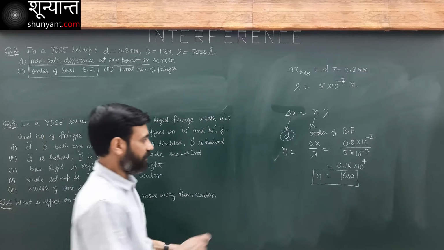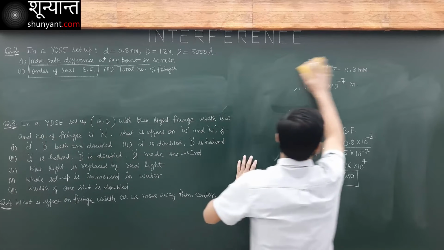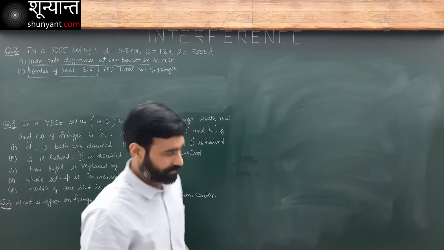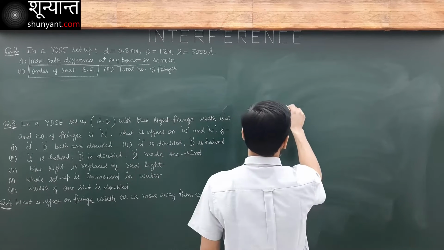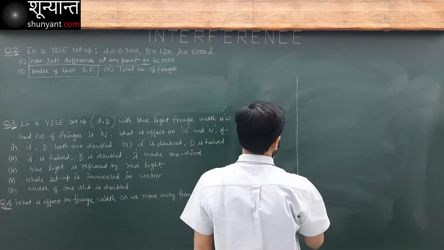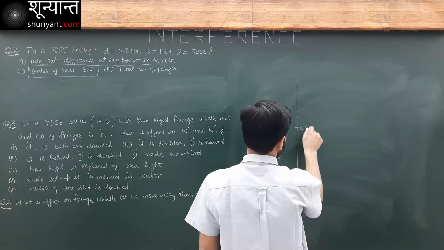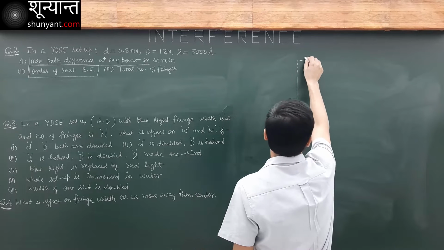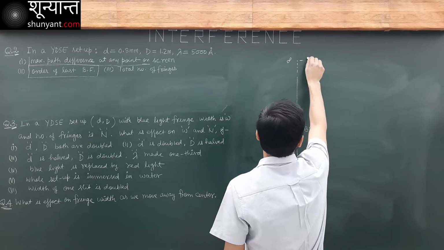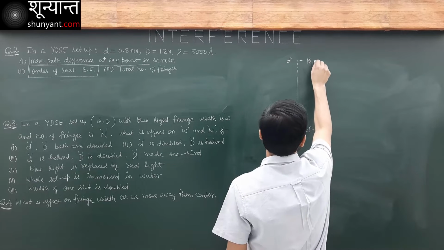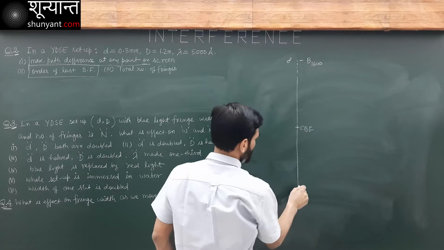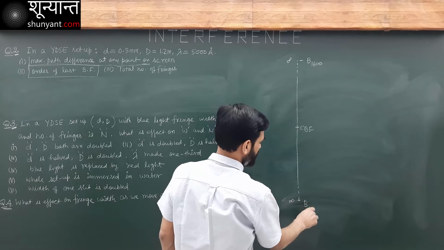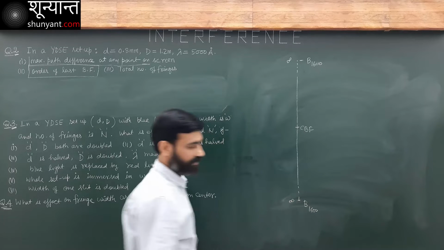Total number of fringes. It's like this: this is my central bright fringe here. At infinity, I will get a bright fringe of order 1600. And on the other side, at infinity, I am also getting a bright fringe of order 1600.